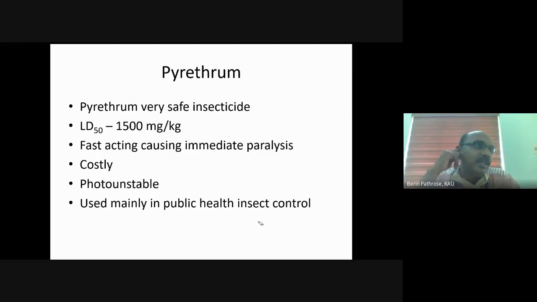They had used OP, they had used synthetic pyrethroids and all. So I recommended the use of flubendiamide. At that time, Fame was the brand available, and the agriculture officer recommended the farmer to go for the flubendiamide spray, and he was not at all impressed by the size of the container.